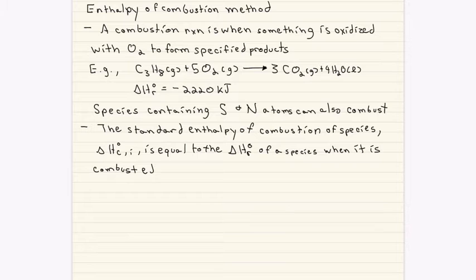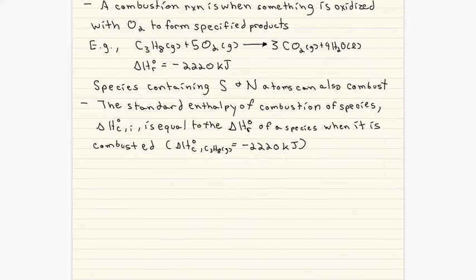And so in other words, if we go back to propane, its delta HC is going to be equal to negative 2,220 kilojoules. Alright? And so that's what the enthalpy of combustion is.